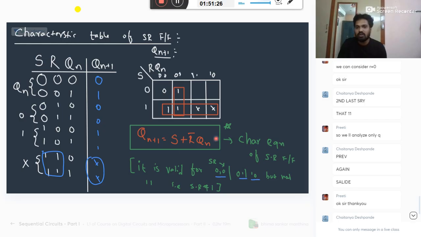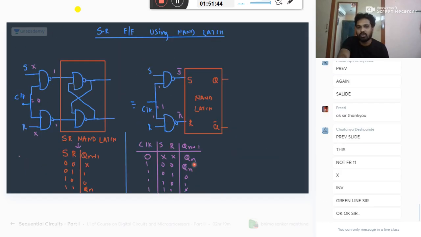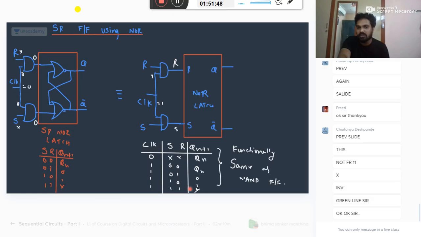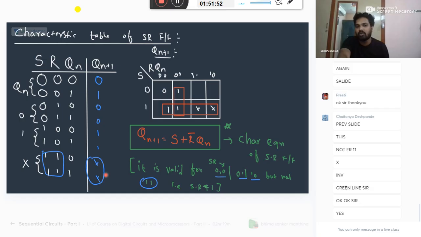This equation need not be valid for 1,1, that is, when S equals 1 and R equals 1. According to this table, when S and R are equal to 1, you may get 1 in the output, but we are not sure because we have taken it as a don't care. You don't know, because for NAND implementation this cross may give you something, and for NOR implementation it may give something else. So we just don't mind about it.